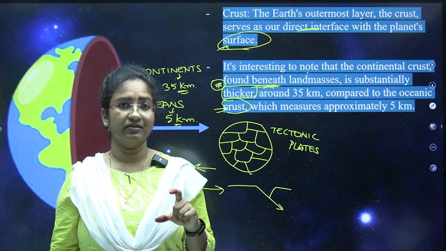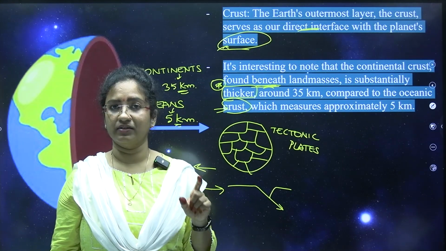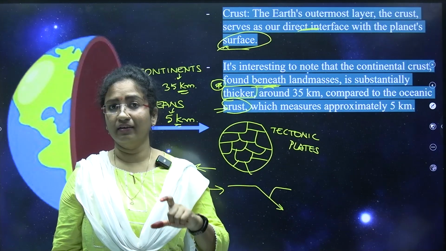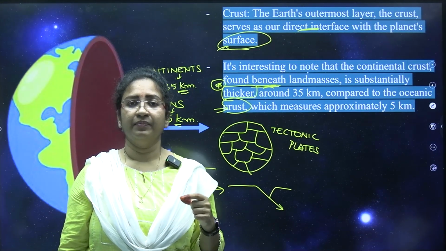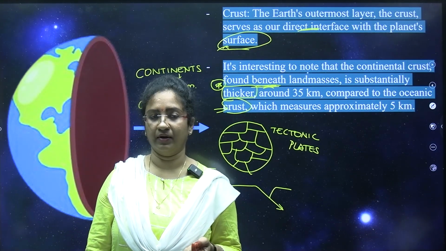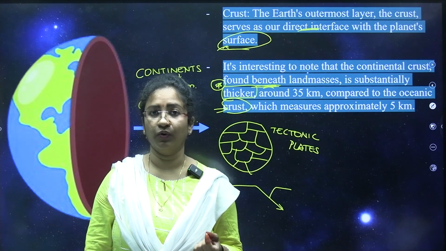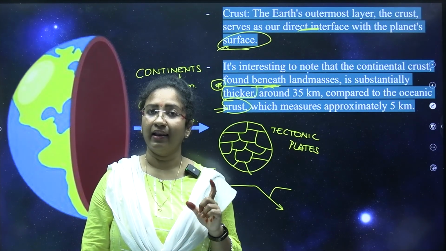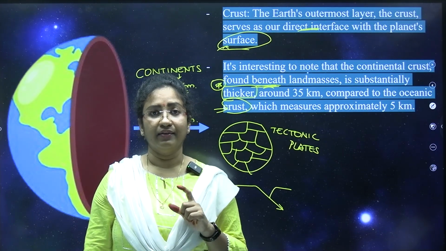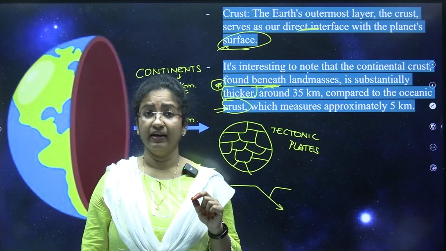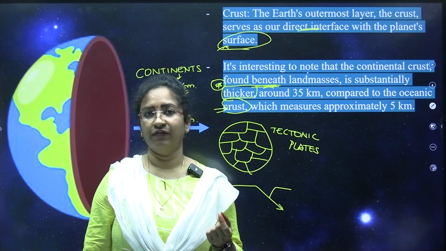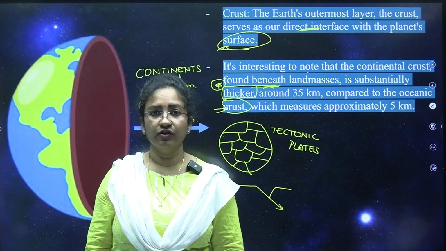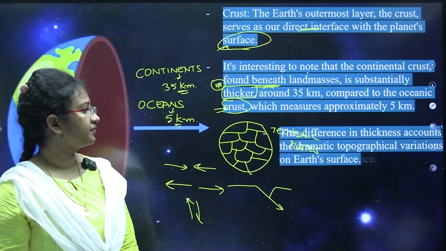The thickness of the crust is not the same for both land masses and oceans. It is thicker in case of our land masses compared to the oceanic masses, the water bodies. So in case of land masses, it is thicker, up to 35 kilometers, and in case of oceans, it is just 5 kilometers, right? So do remember these details.